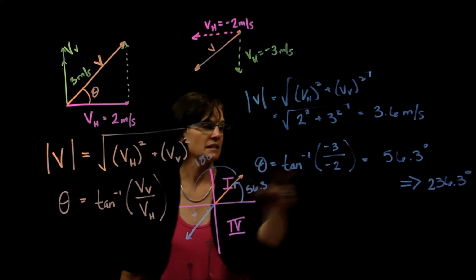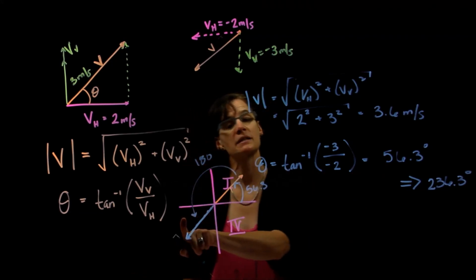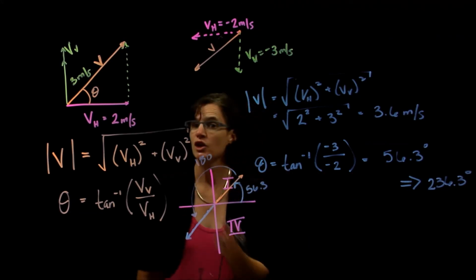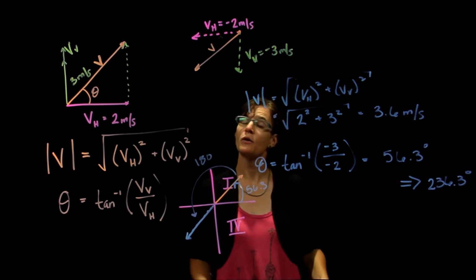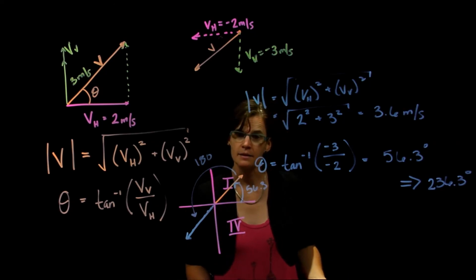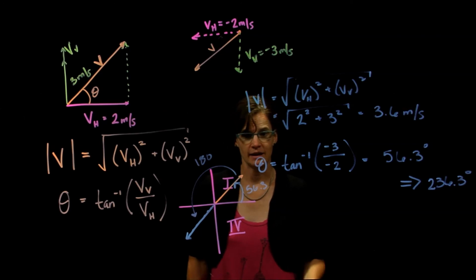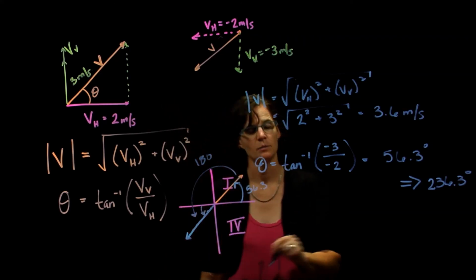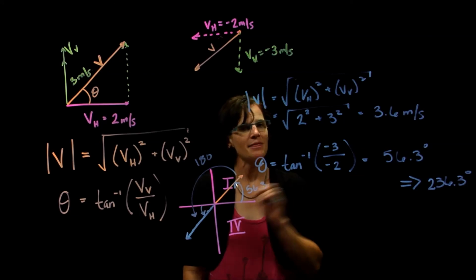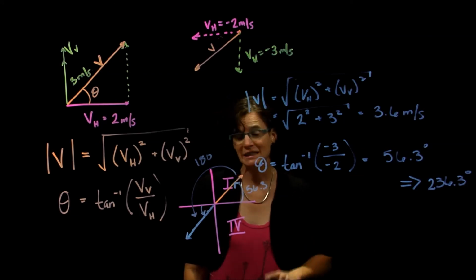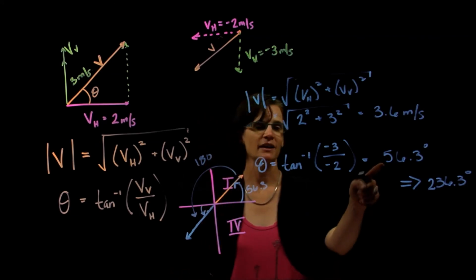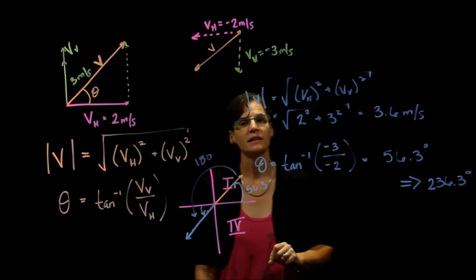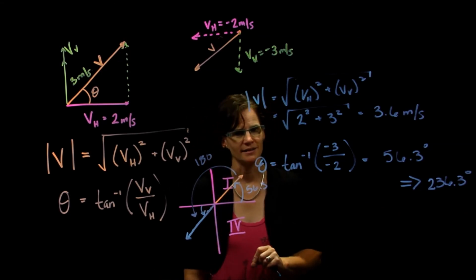We could say that it's 56.3 with respect to the negative x-axis. We could say it's 56.3 degrees south of the negative x-axis, or below the negative x-axis, because this angle here is 56.3 degrees. And that's fine, as long as you're clear. If you just give an angle, it is, by convention, always with respect to the positive x-axis.